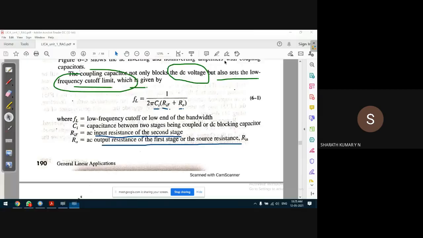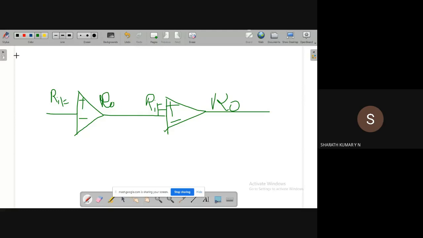Okay. So thereby, in this situation, when we have a capacitor, we cannot forget the capacitor here. These are the coupling capacitors at both the stages, at both the op amps.